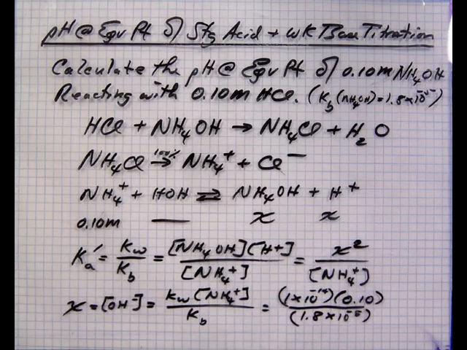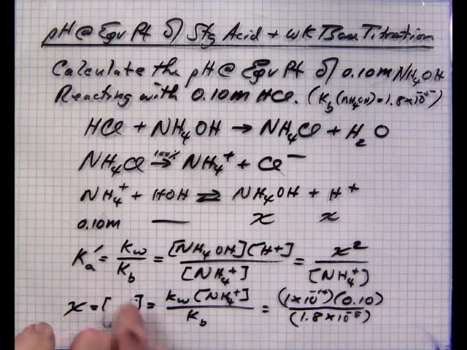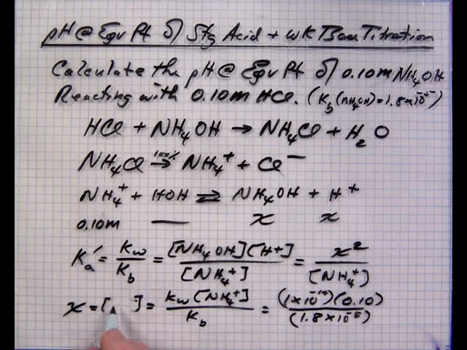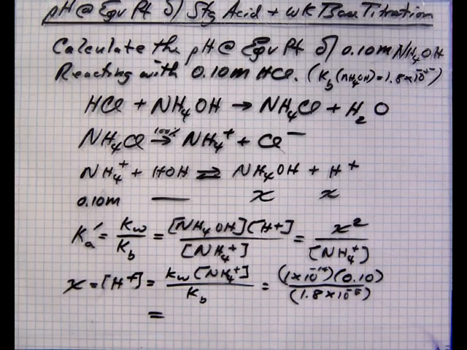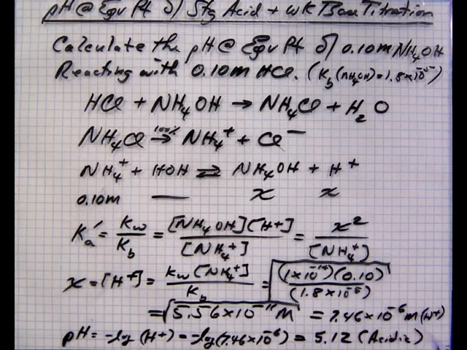We're looking for the H plus ion concentration. Working through this expression, we wind up with 7.46 times 10 to the minus 6 molar in hydronium ions, and then the minus log of that will give you a pH of 5.12.